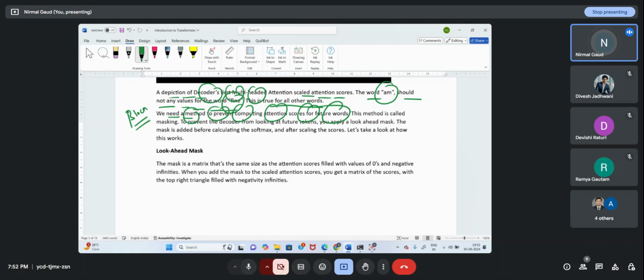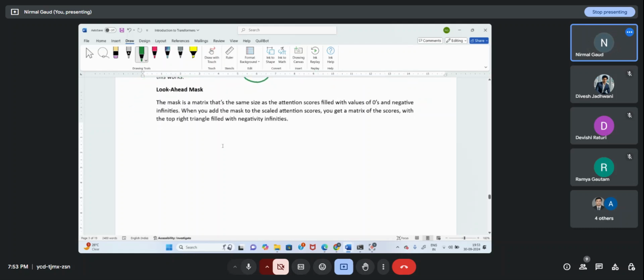We need a method to prevent, this method is called as masking। To prevent the decoder from looking at future tokens, you need to apply look ahead mask। This mask is added before calculating the softmax and after scaling the scores. कैसे ये लुक अहेड कैसे ऐड करोगे? चलो चेक करते हैं.